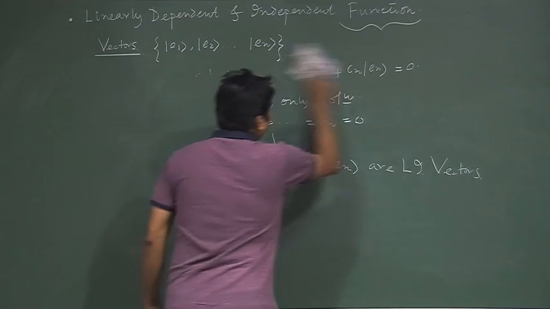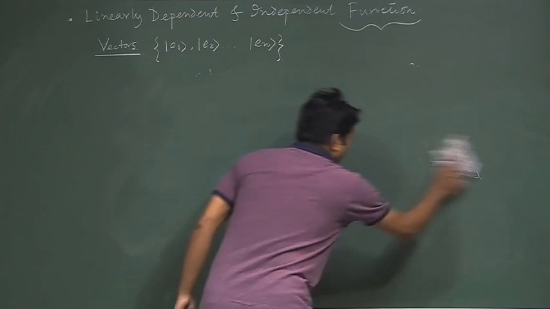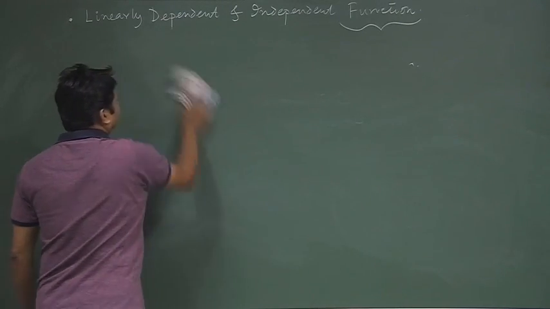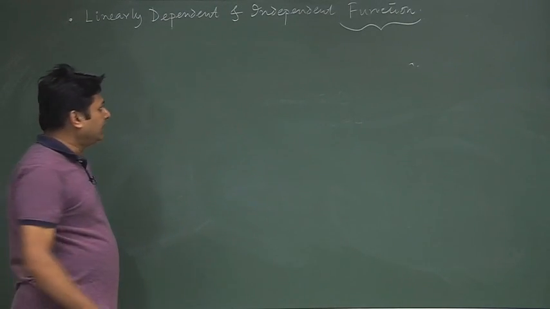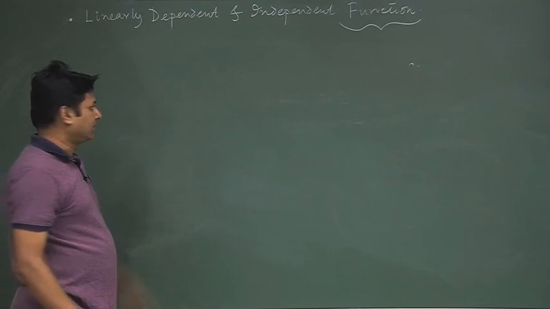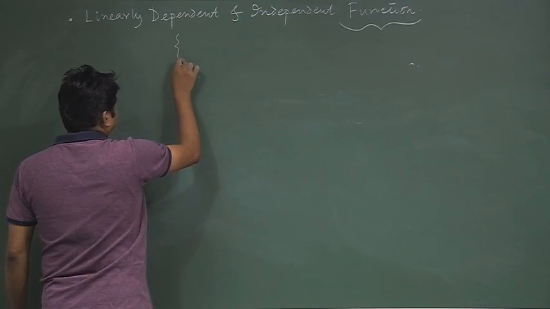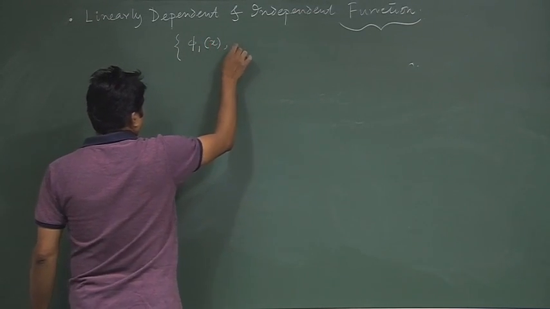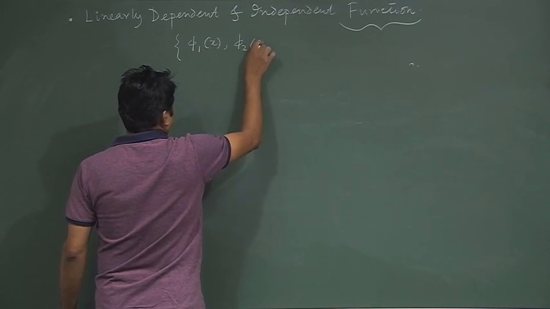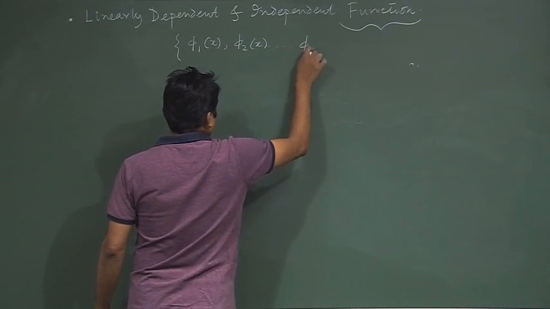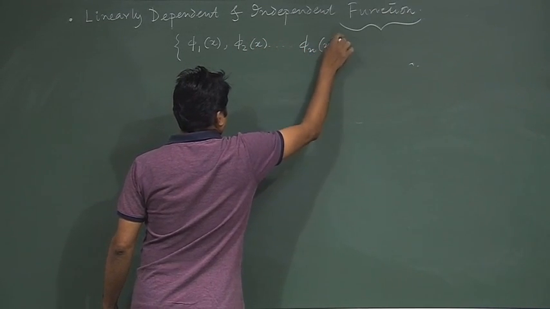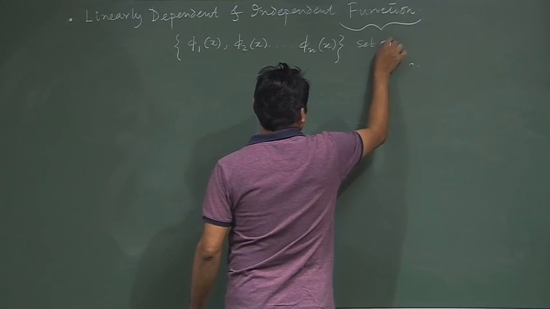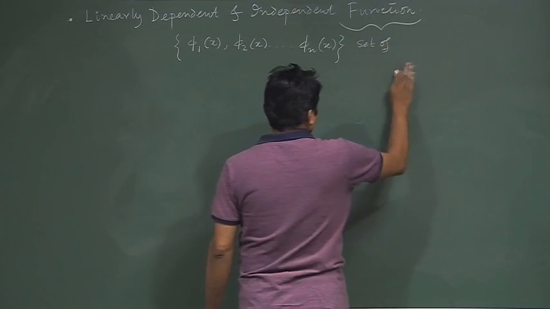Now, I will define what happens in the case of linearly dependent and independent functions. So, let phi 1 x, phi 2 x, phi n x be a set of functions.